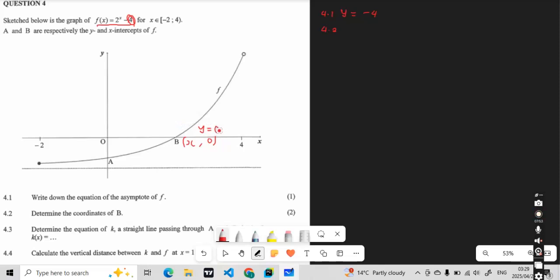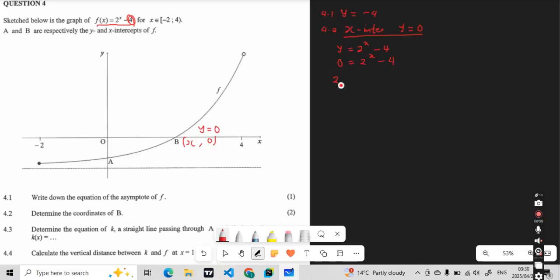To find the x value, we are going to say y is equal to 2 to the x minus 4. Since we already said y is equal to 0, this is what we have, 0. As you can see, it's straightforward.